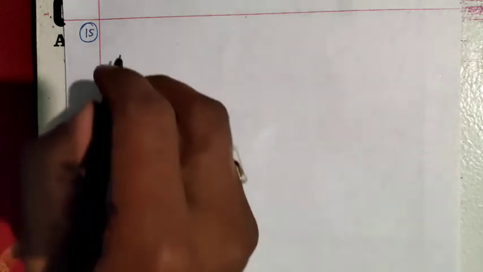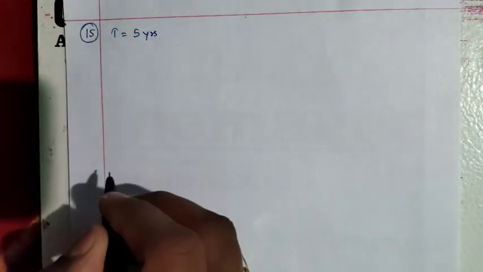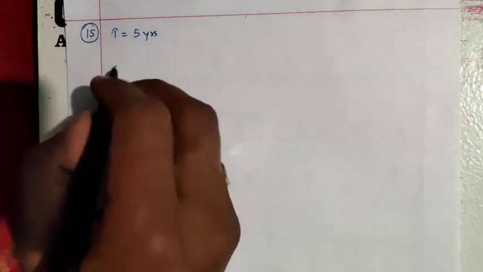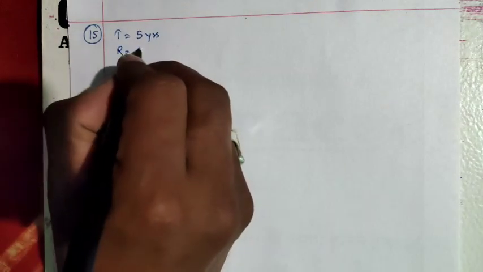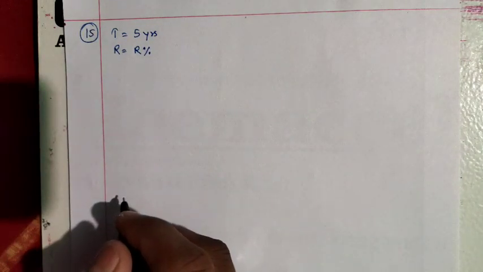Question number 15. First we will try to understand the question, what the question is trying to say. Question is saying a sum of money, it means principal is not given. A sum of money is lent for 5 years, it means time is given, T is equal to 5 years, at R% simple interest. Rate is also not given, it is given as a variable only, R% simple interest per annum.